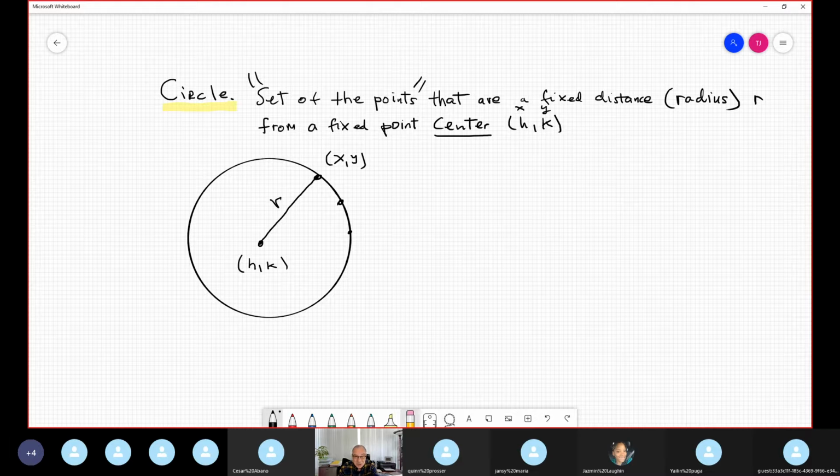Now, if I want to find the equation for the circle, it's super easy because you apply one more time the distance formula. The distance formula is equal to the square root of (x2 minus x1) squared plus (y2 minus y1) squared.